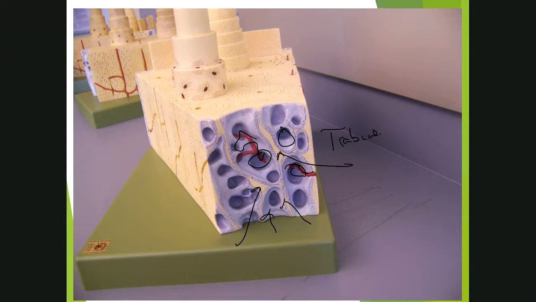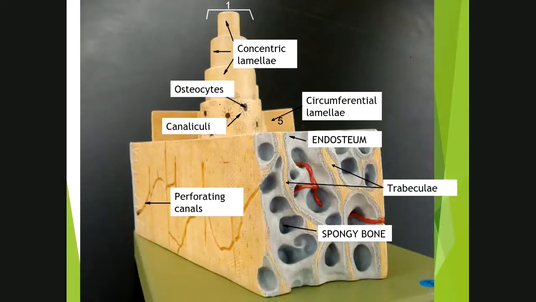They run around the trabeculae. And so here are the trabeculae. And you can see how, again, it looks like a honeycomb. So we can see all those things that we were talking about. This is just a different view, but this is the inside view. Now over here, the wide part is the outside view.